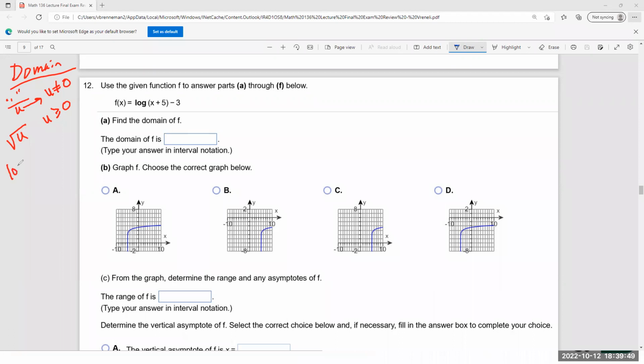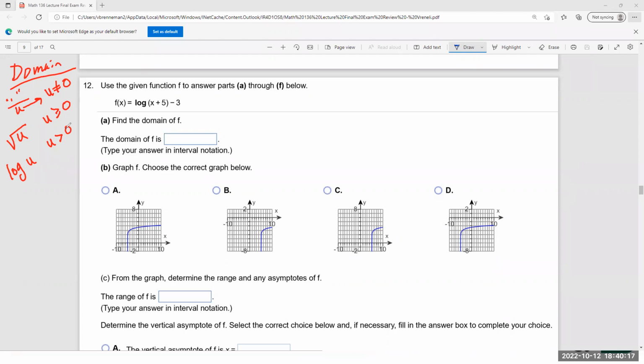Then with logarithms, what's inside the log has to be greater than 0. We can't take the log of 0 or of a negative number. That's to do with what you're putting into the log representing the result of taking the power of a positive number. When I take any power of a positive number, I'm always going to get a positive number.